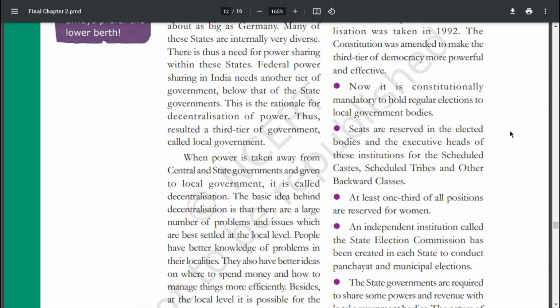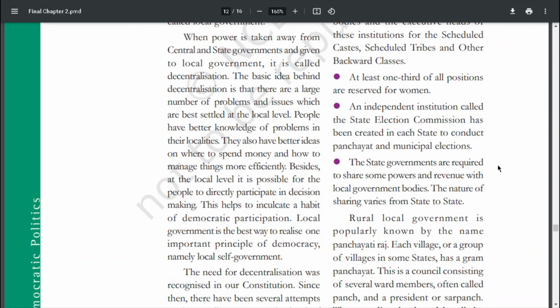At least one-third of all positions are reserved for women. An independent institution called the State Election Commission has been created in each state to conduct panchayat and municipal elections. The state governments are required to share some powers and revenue with local government bodies. The nature of sharing varies from state to state.